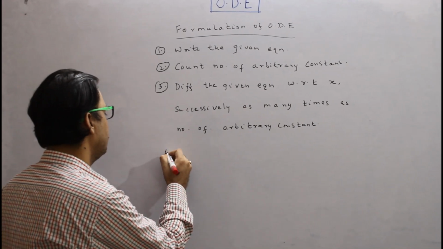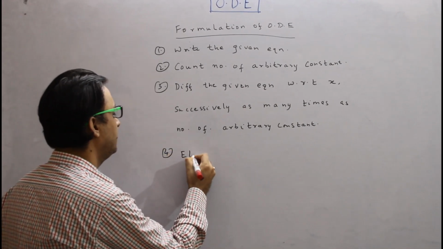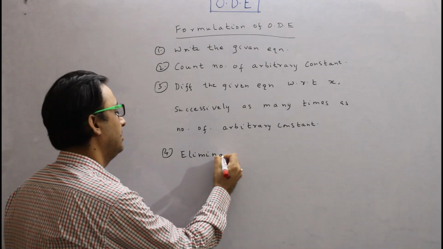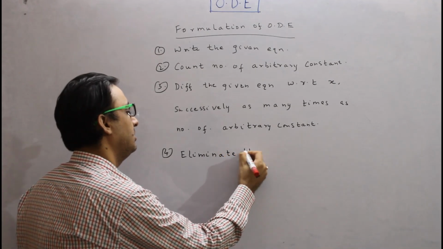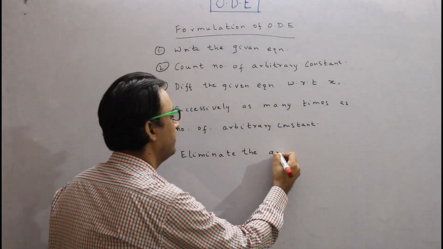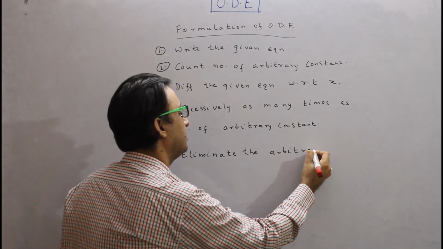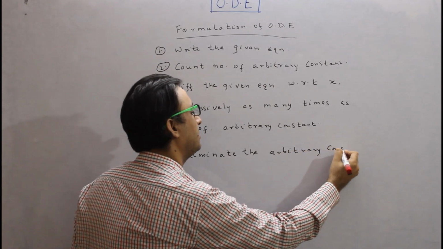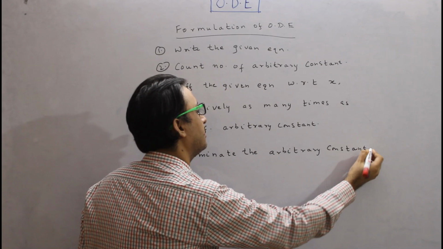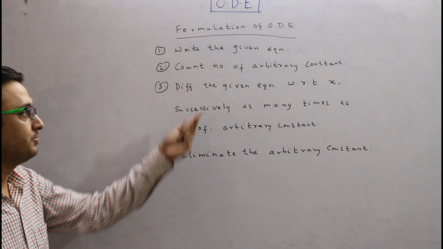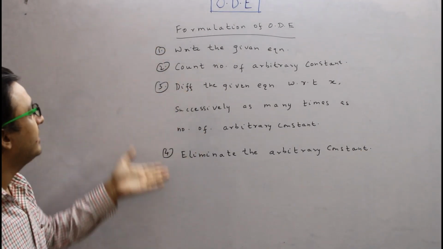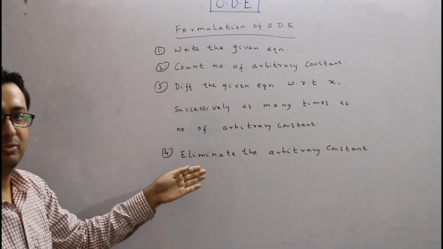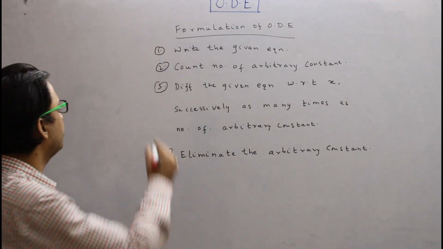And the fourth step is to eliminate the arbitrary constants. So this is our procedure as to how we are going to follow the steps while formulating a differential equation.